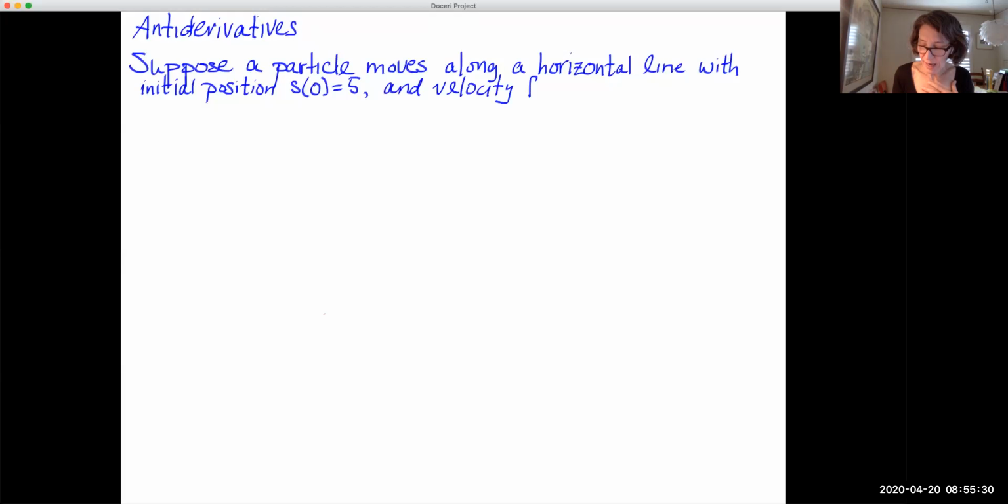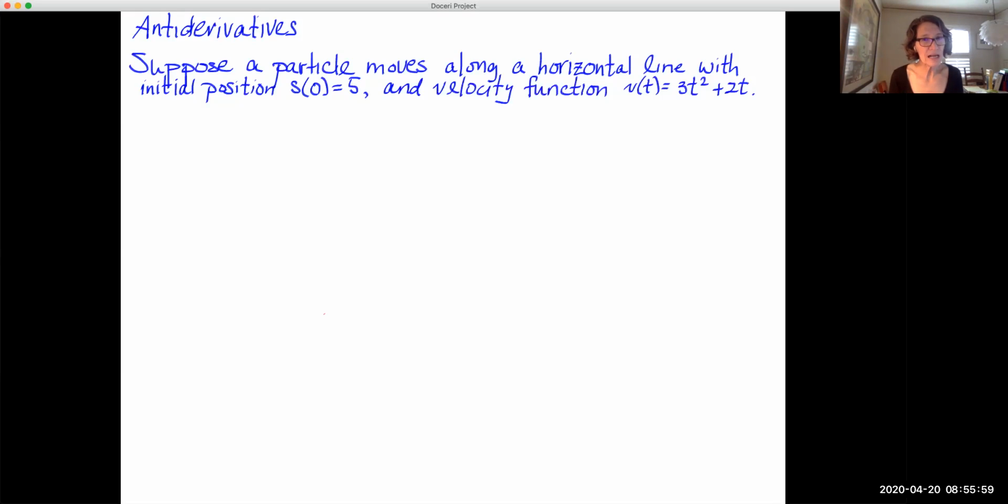And suppose it has velocity as a function of time. The velocity is v of t equals 3t squared plus 2t. So we're given a velocity function and an initial position.